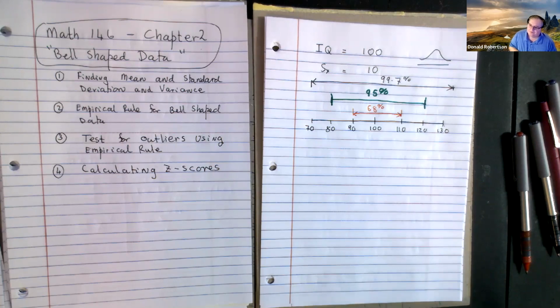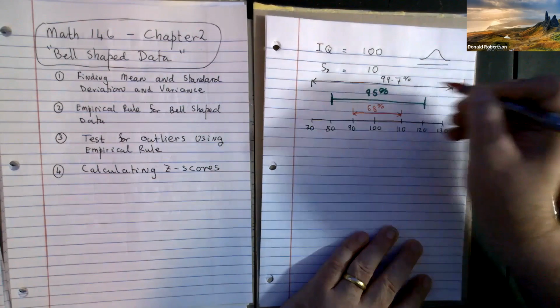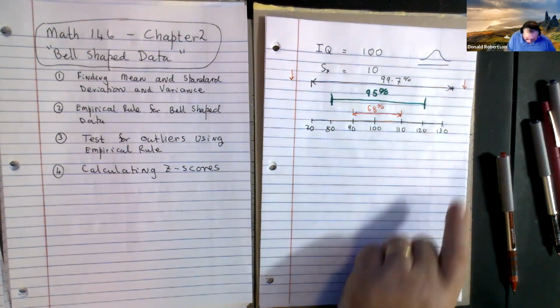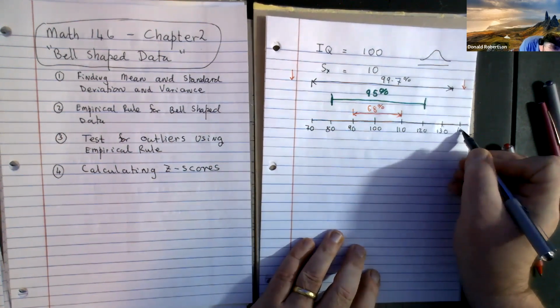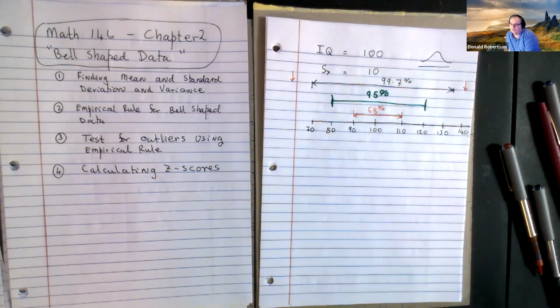We now have another way of figuring out if someone is an outlier, because outliers live here. So if your IQ is greater than 130, won't you be an extremely unusual big number, right? 99.7% of the people don't have that kind of IQ, right?